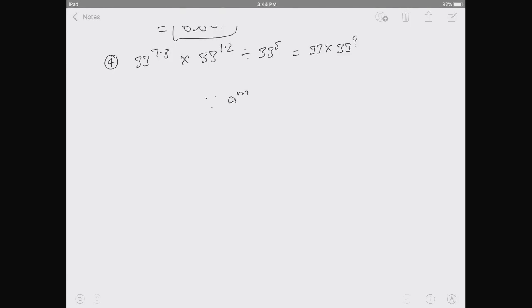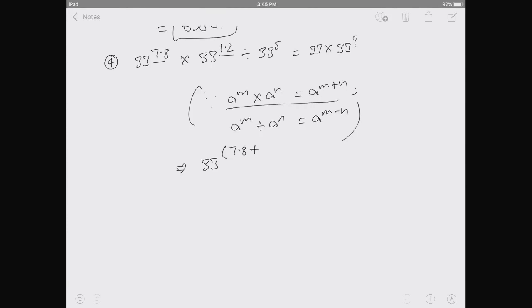The next question, you need to know some formula to quickly answer this question. That is, a to the power of m into a to the power of n is equal to a to the power of m plus n, and a to the power of m divided by a to the power of n is equal to a to the power of m minus n. Now you can easily solve this problem. 33 to the power of 7.8 into 33 to the power of 1.2, divided by 33 to the power of 5.